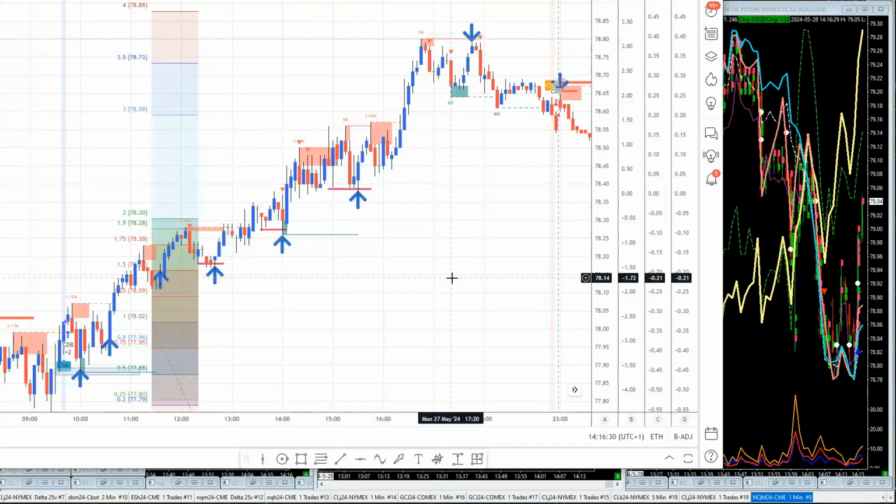It kind of reminds me of Eusebio, because this is the kind of trade that Eusebio would be smiling down on. He'd be saying, finally, you guys get it. Finally, you guys are understanding the idea of adding to winners. Because this is exactly what you should be doing in these areas with this type of narrative.